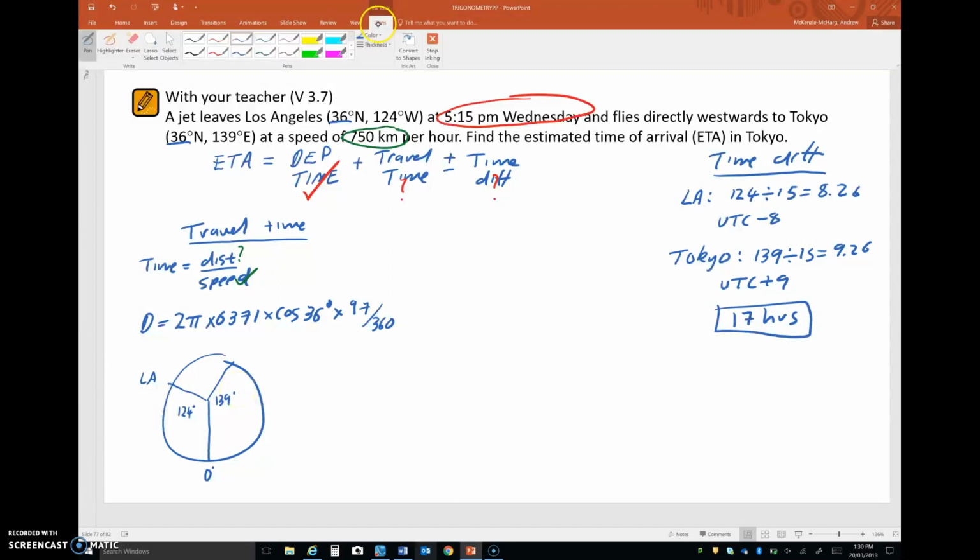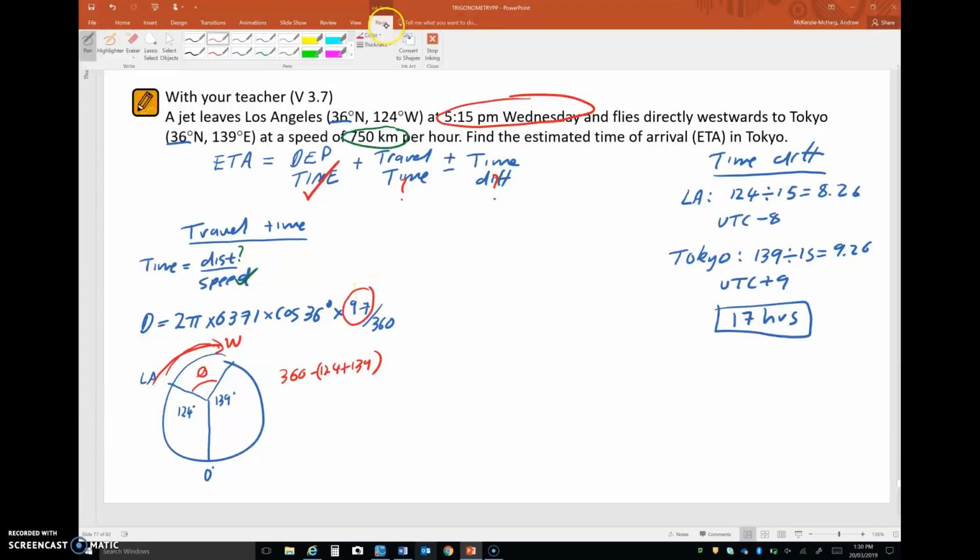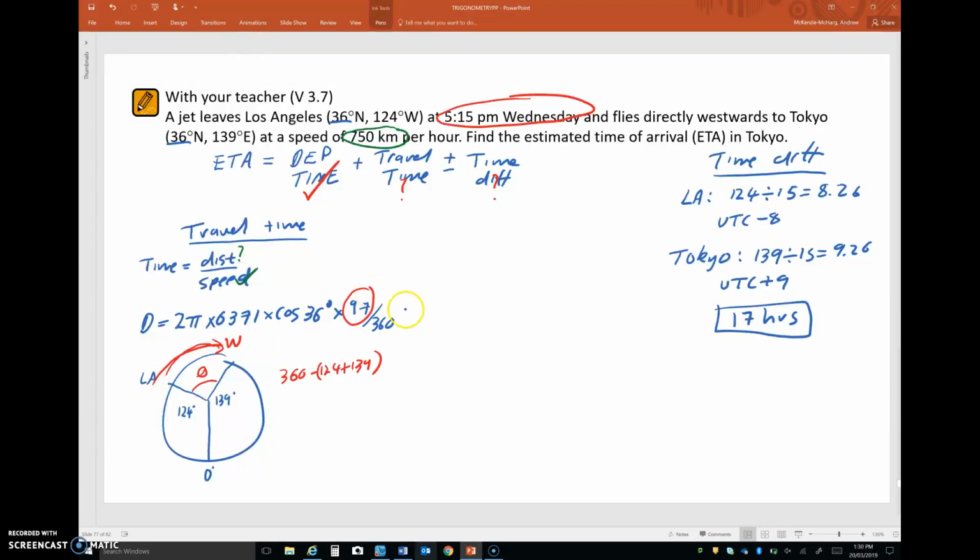So that means we're going to be going round this way. So to get that theta there, that angle in there, we're going to do 360, take the other two. Alright, because that is westwards going that way. So we need to find the back way in this case. That gives us the 97.